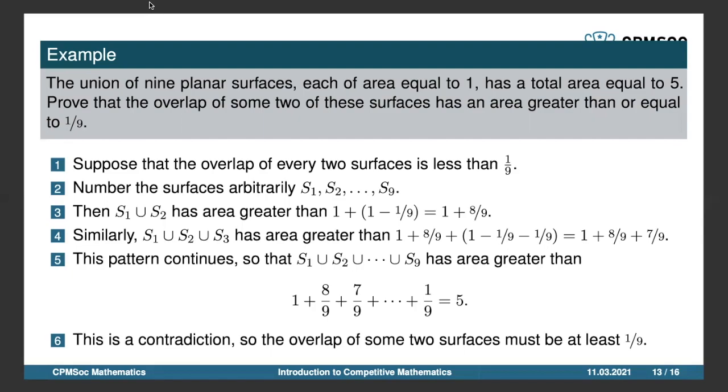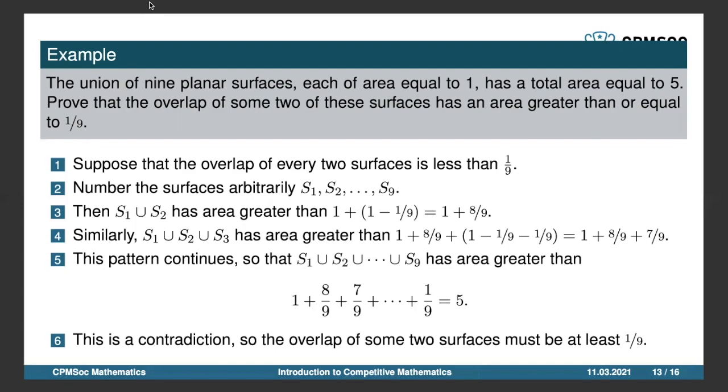So even though we have this proof, if someone drew some random nine surfaces which satisfy all the conditions, this proof doesn't help figure out which two surfaces have a combined area of 1/9, but you can still guarantee that some two surfaces have a combined area of at least 1/9. So this is an example of a non-constructive proof.